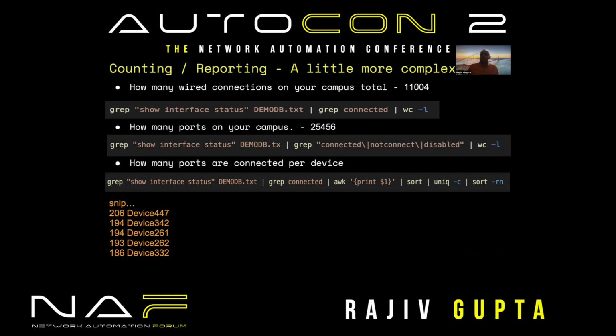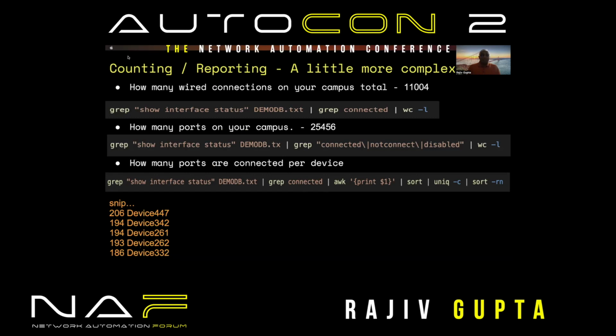Next, we're going to move up the complexity scale slightly. Now I'm going to start to combine more functions. In the last example you saw, I combined gather with another application, Git. In this case, I'm going to combine the search function with the count function. I'm going to search for the show interface and how many are connected, and then I'm going to count the result.